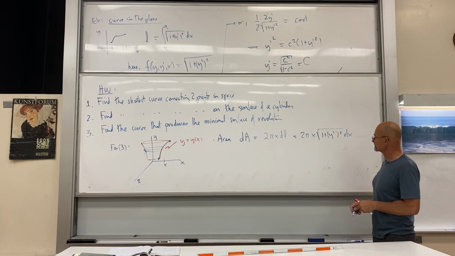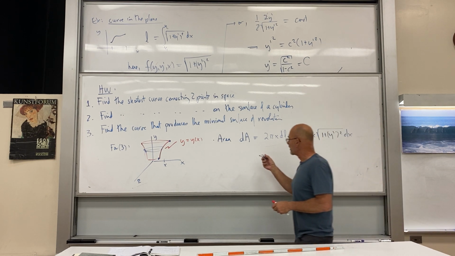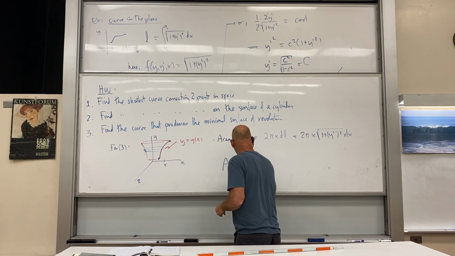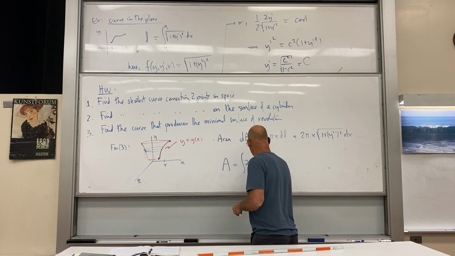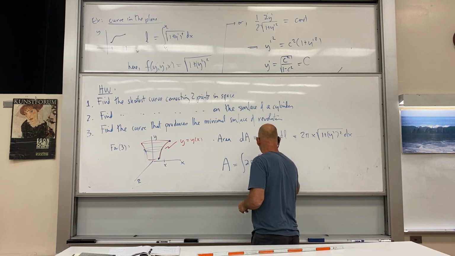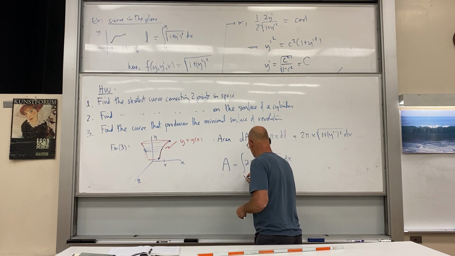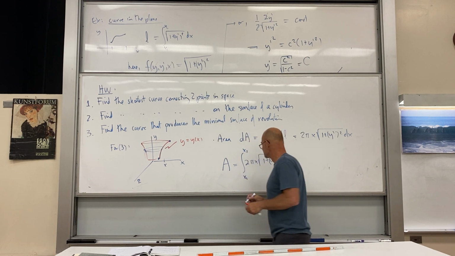Okay. So here's our problem. We have an area integral 2 pi x root 1 plus y prime squared dx from x1 to x2.